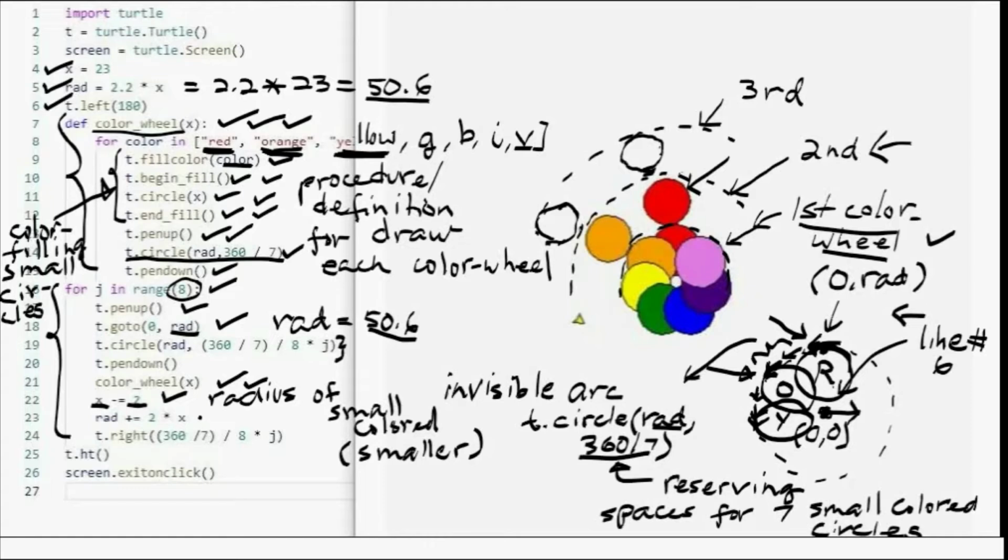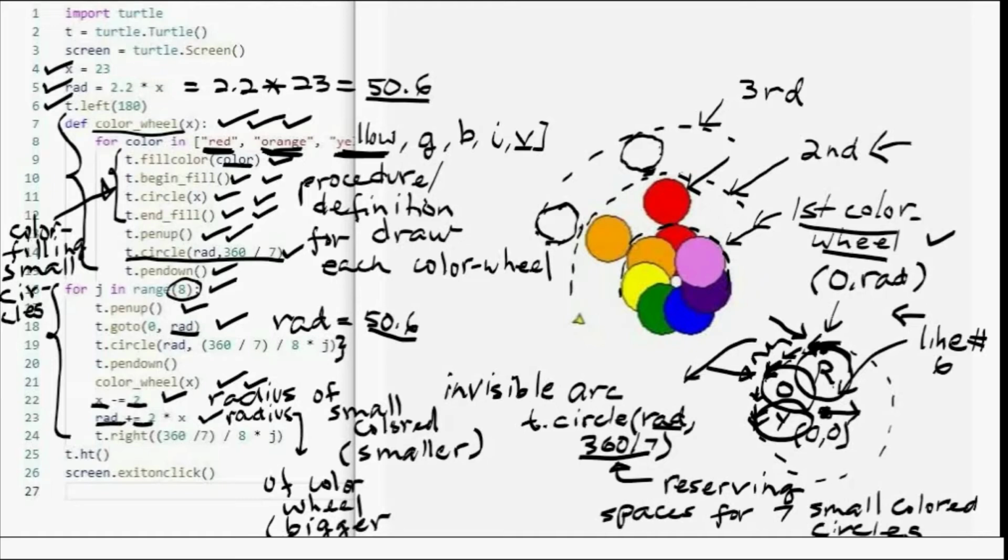And one more thing, the rad. Incidentally, this is the radius of the color wheel. So I'm going to put here radius of color wheel. Since we are starting with the second color wheel, I want the radius of the second color wheel to be bigger, bigger by 2 times x units.